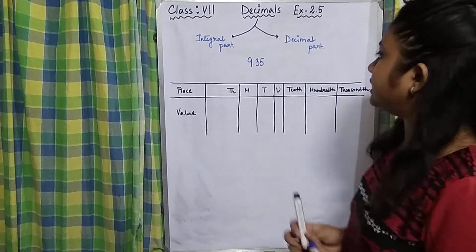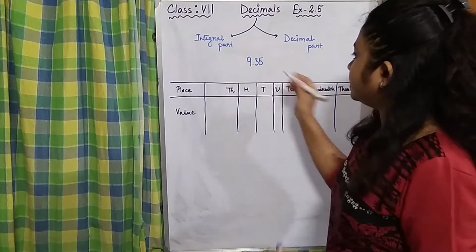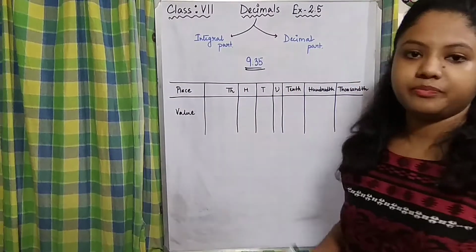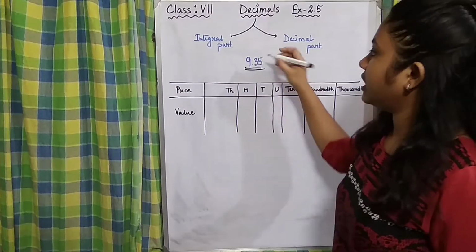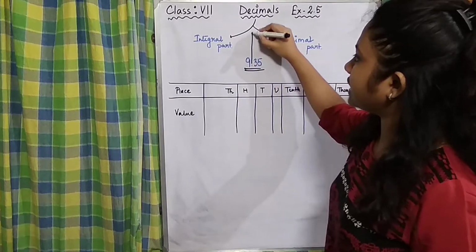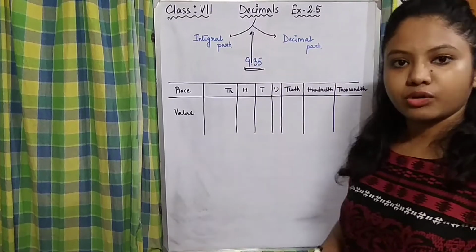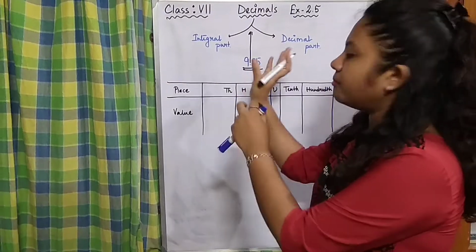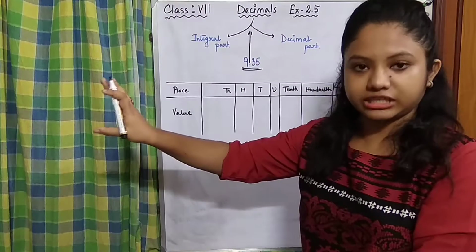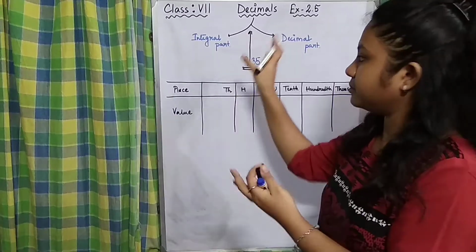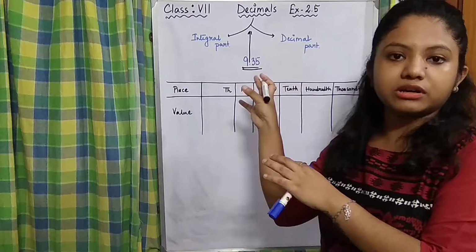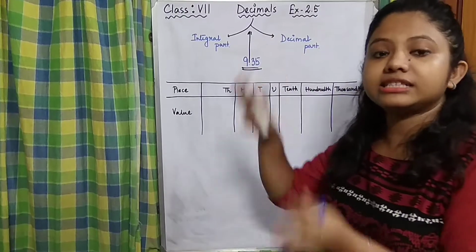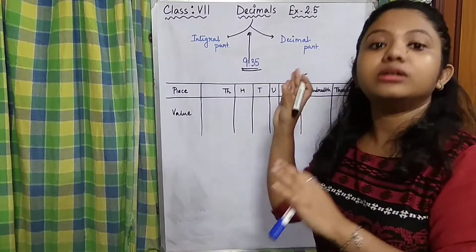So you can see I have taken one decimal, 9.35. Now you know that the point stands for the decimal, right? Here you can see a whole number before the decimal point, and two numbers, 3 and 5, lying just after the point.